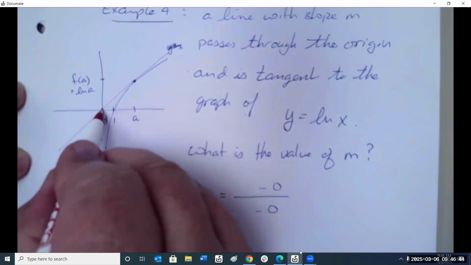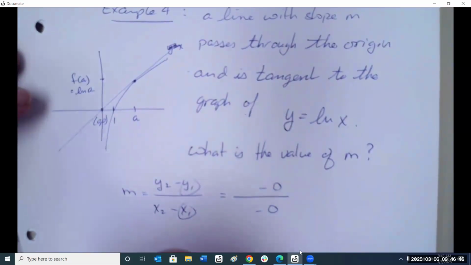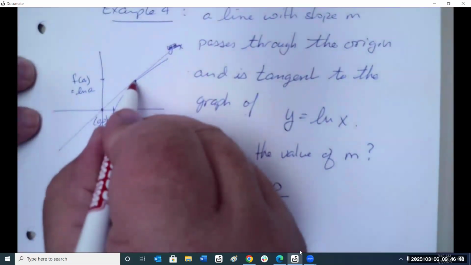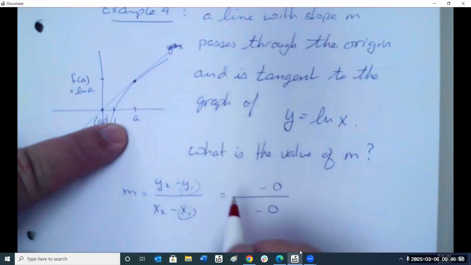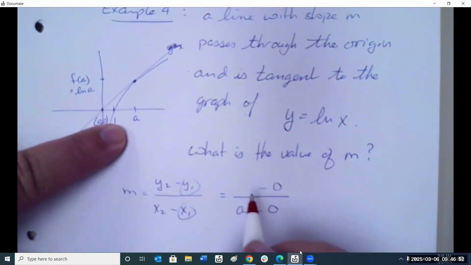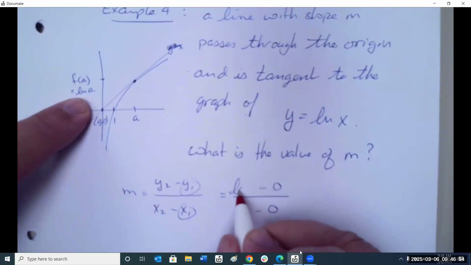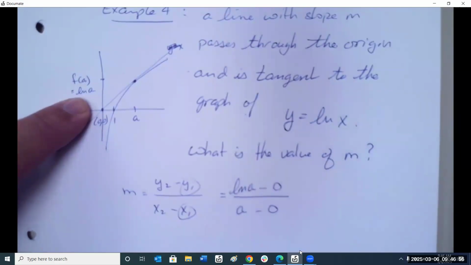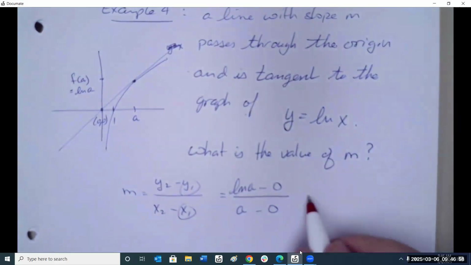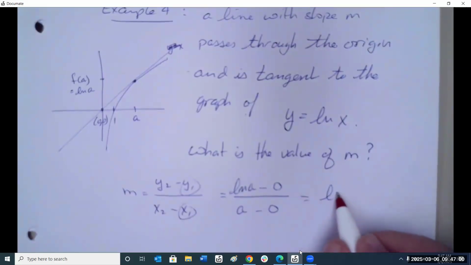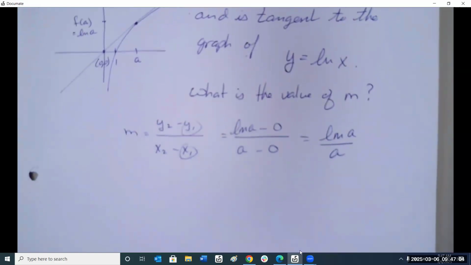So the first point we have is the origin, and it goes to that point. On the x-axis, that's A, and this is ln of A. So the slope is equal to ln of A over A.